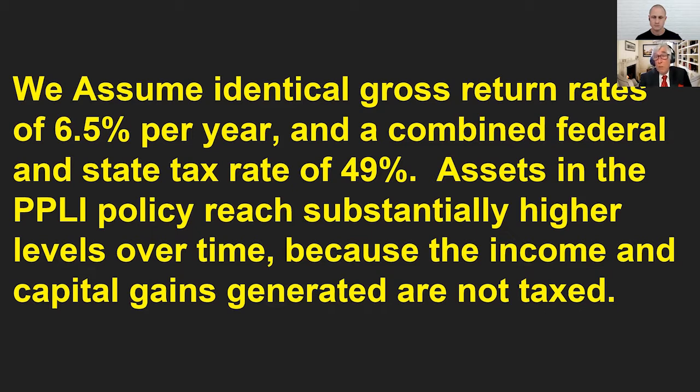So these would be people living in California or New York. They might be wanting to move to Florida, but if they're stuck in California or New York, this is a good solution for them. As we'll see in the next slide, the PPLI reaches much higher investment levels over time because the income and capital gains generated are not taxed.